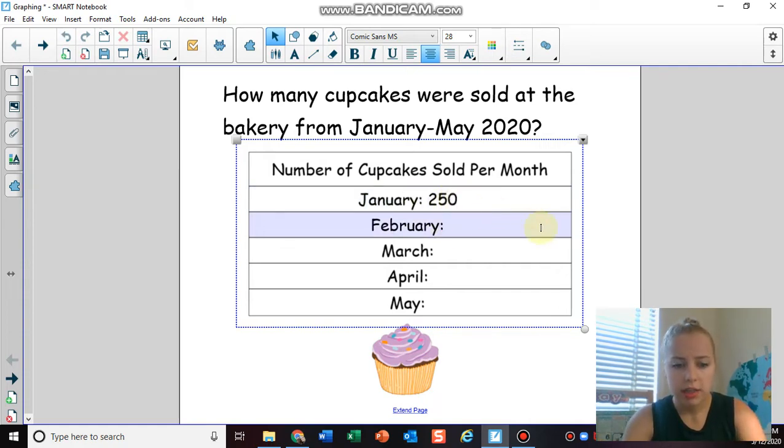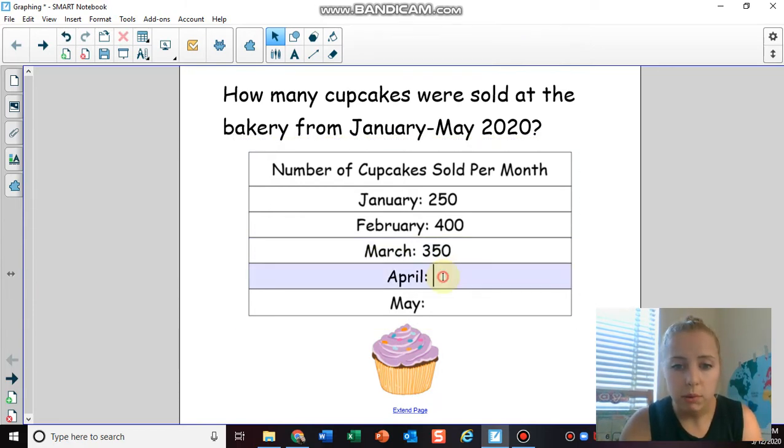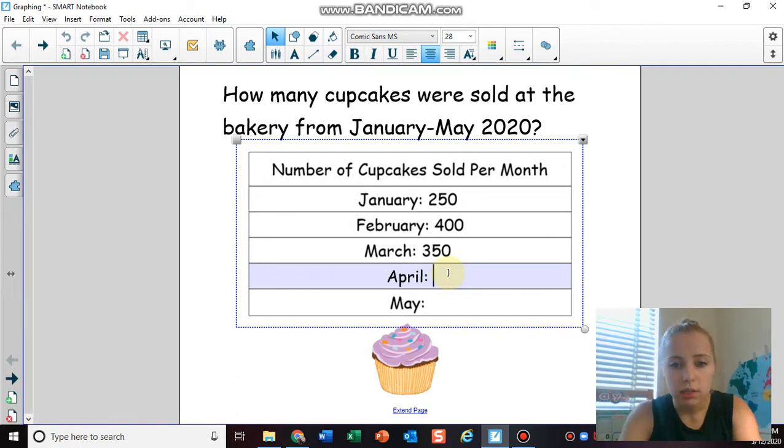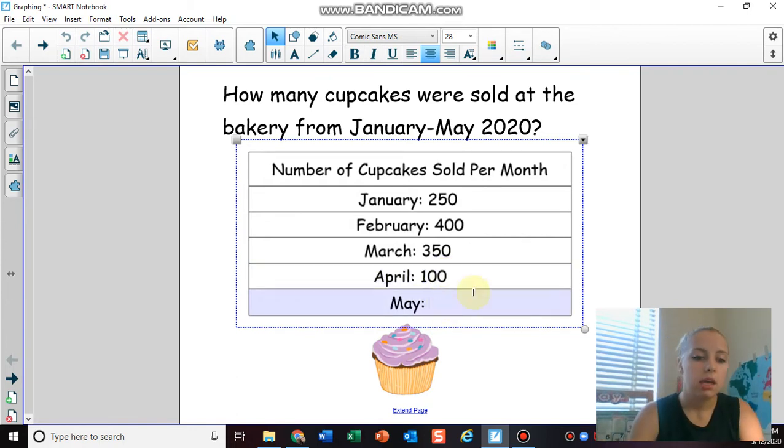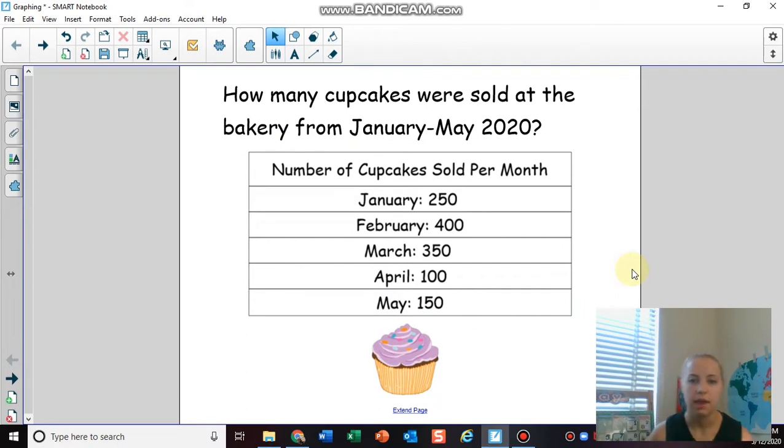In February they sold 400 cupcakes because of Valentine's Day. In March, they sold 350 cupcakes. In April, because we were all stuck inside, they only sold 100 cupcakes. And in May, they sold 150 cupcakes.